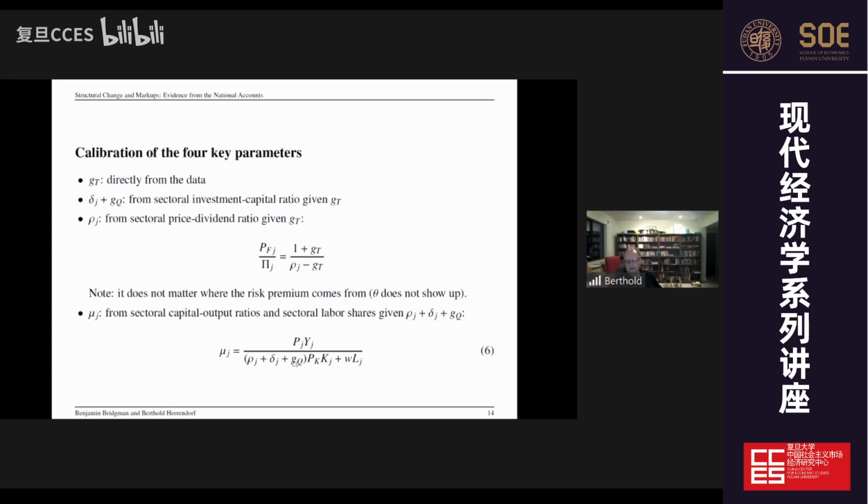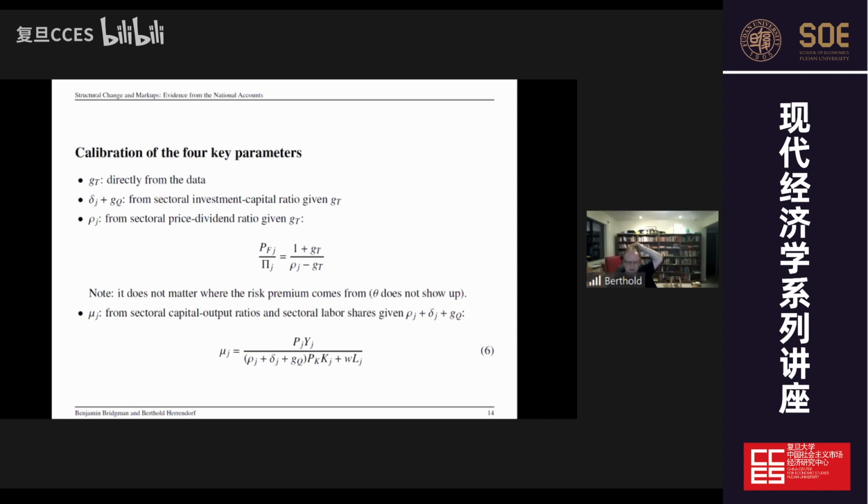Capital, it's the user cost essentially, which is physical plus economic depreciation plus that rho. So as soon as I know rho and I know delta Q, I know what the payments to capital and labor are. In a competitive world, PY equals those. If there's monopoly power, PY exceeds it, and the markup is exactly the ratio of the two.